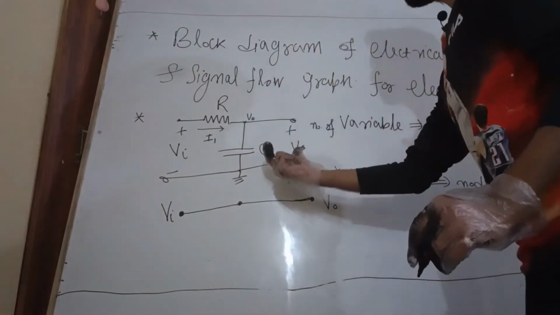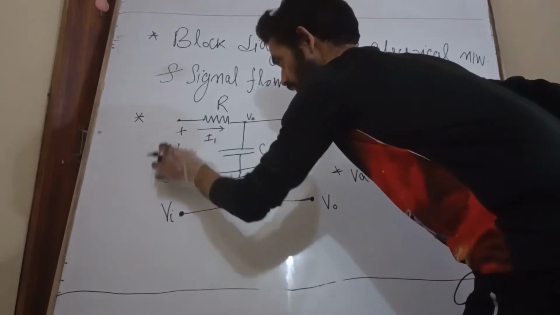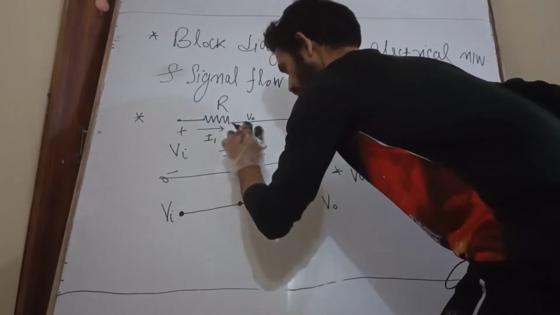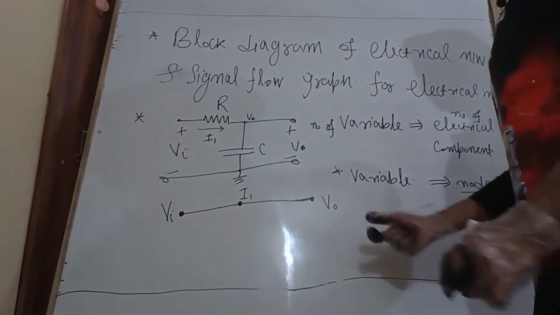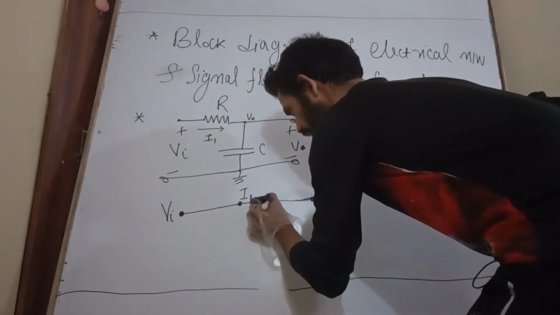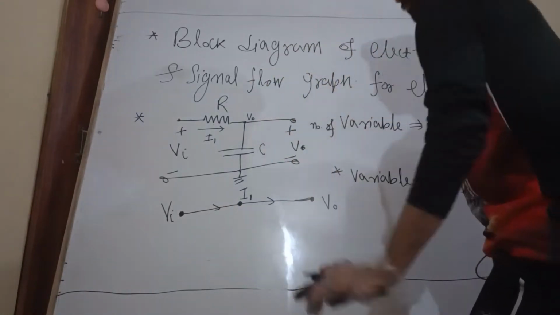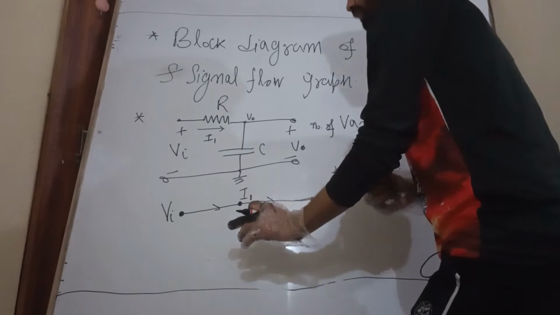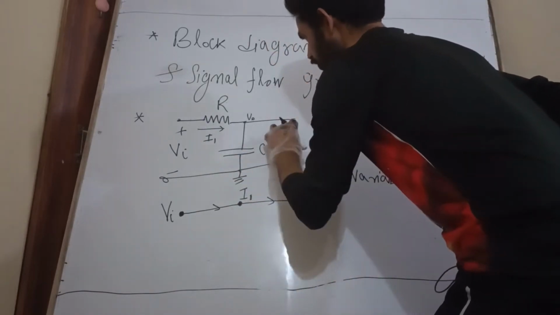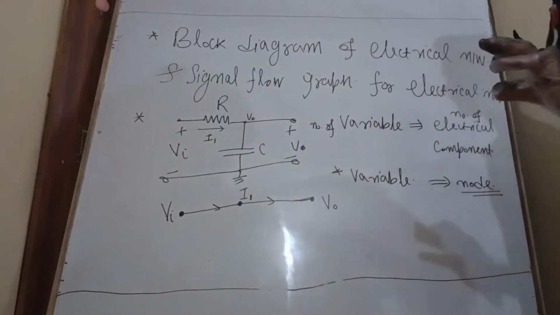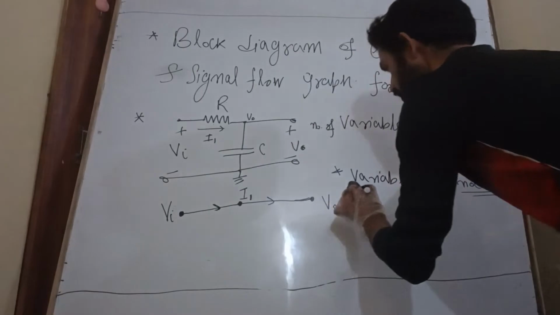So this node is the input Vi, this node is I1, and this is my output node V0. Okay.